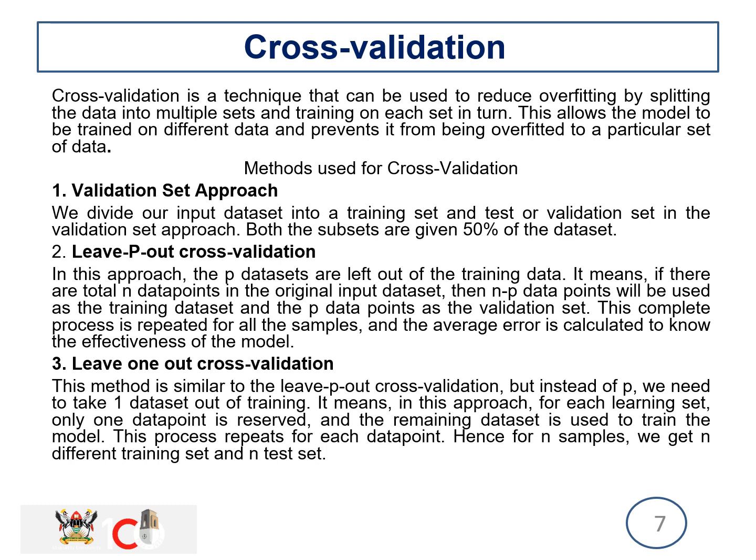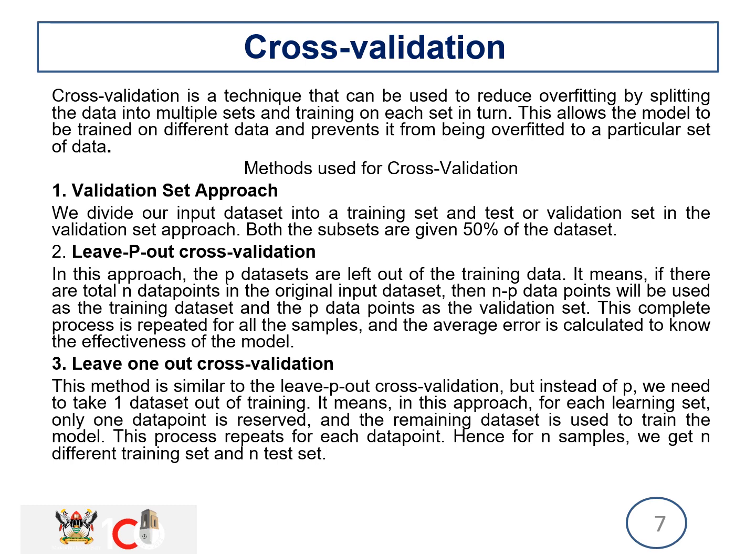We have cross validation as an approach to attaining optimal model complexity. Cross validation is a technique that can be used to reduce overfitting by splitting the data into multiple sets and training on each set in turn. This allows the model to be trained on different data and prevents it from being overfitted to a particular set of data.